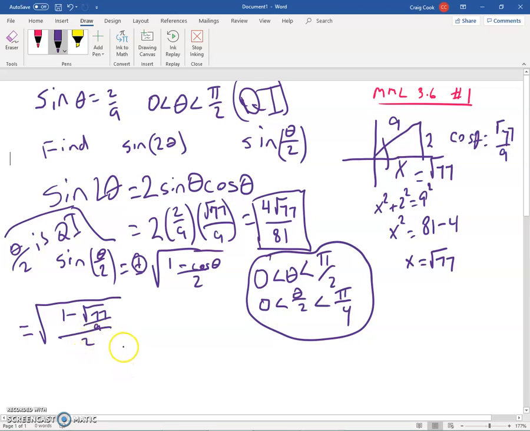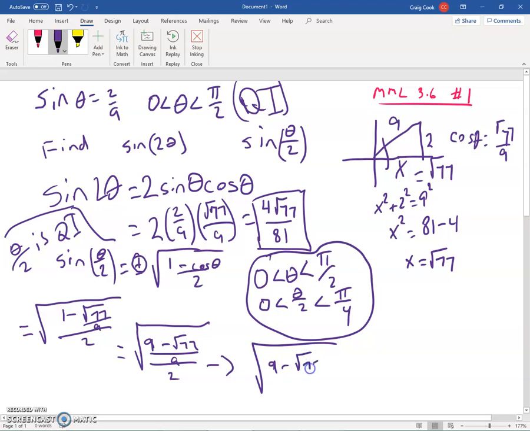And so we can probably simplify this a little by looking at 1, which would be 9 minus root 77/9 all over 2. We can combine these into root 9 minus root 77/18. And I think that's about as good as we can get it as far as reducing it.